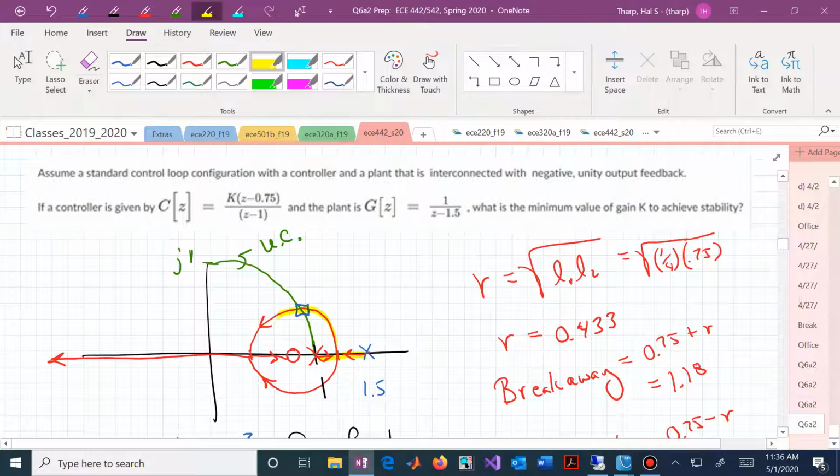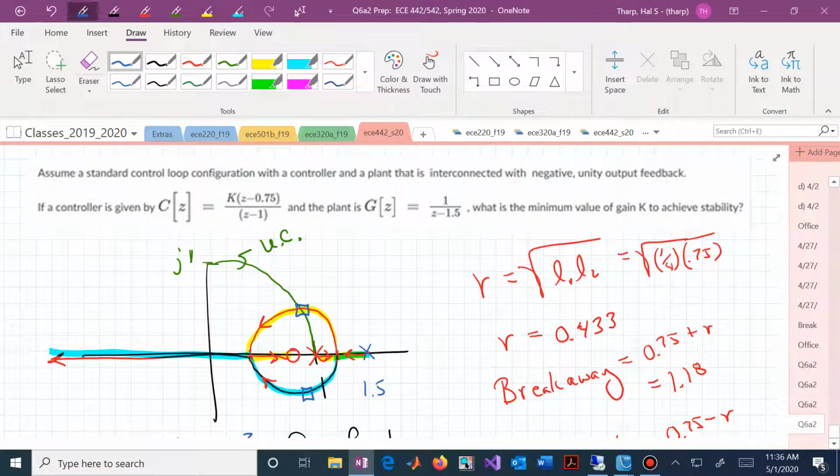One goes here, the other branch goes here, and it doesn't matter which one goes where. One is going to go to the zero, the other one is going to zip off to -infinity. But I hope you can see that when we crank up the gain enough so that the upper branch and the lower branch are symmetric, we'll have both poles finally at the same time.